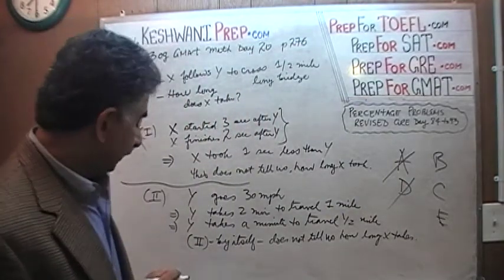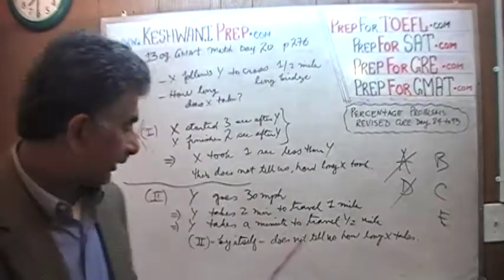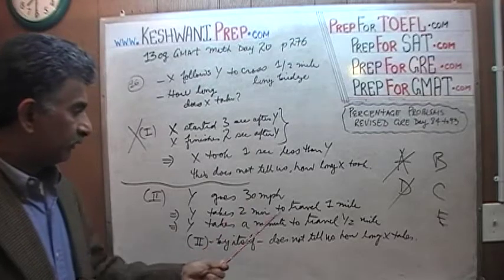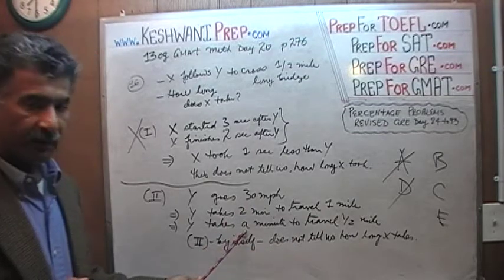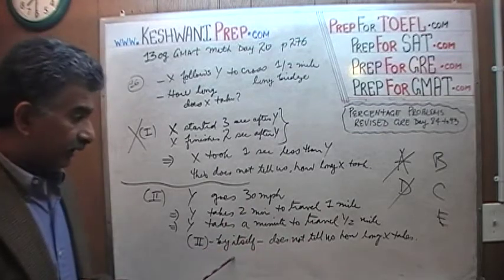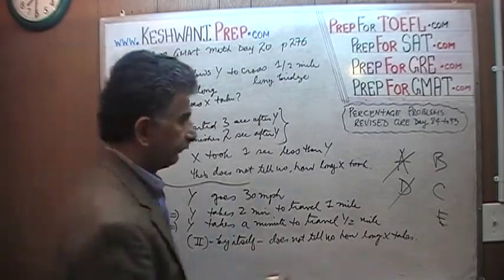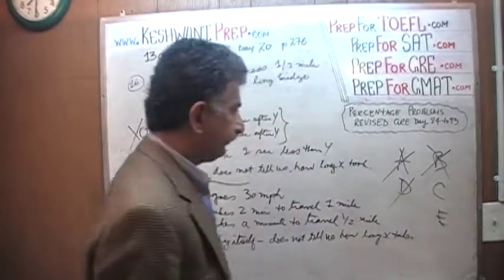We know that Y is going 30 miles an hour, which means he's taking 2 minutes to go 1 mile, which means he's going to take a minute to go half a mile. But it doesn't tell us how long X is going to take. Second statement by itself is not enough. That means the answer cannot be B.